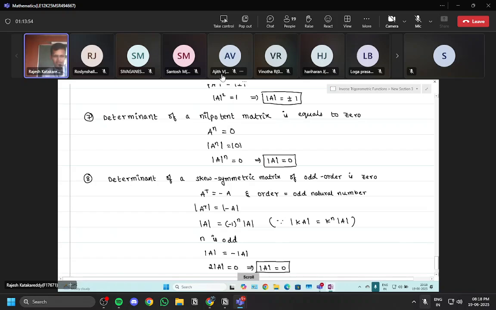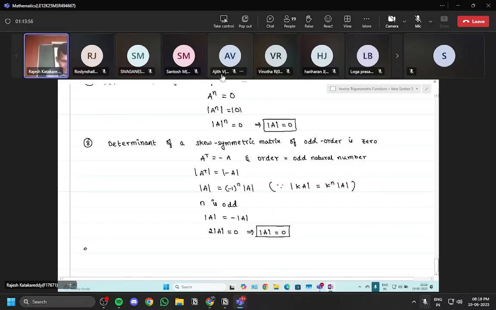Next is the ninth one, determinant of an orthogonal matrix is equals to plus minus 1. It can be plus 1 or it can be minus 1.